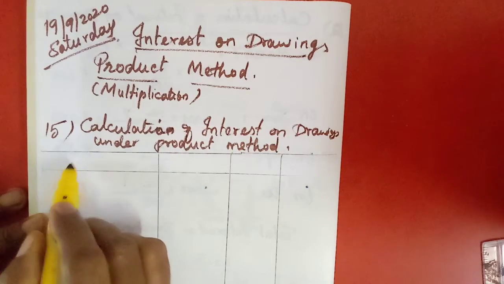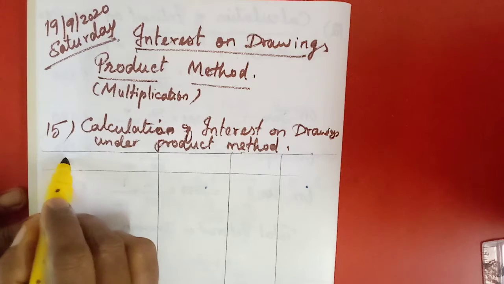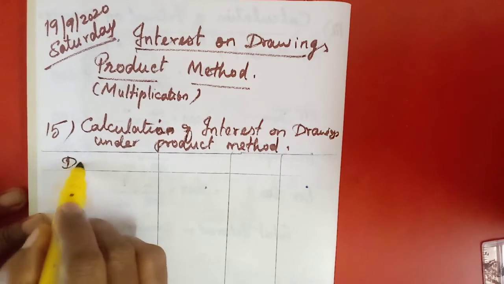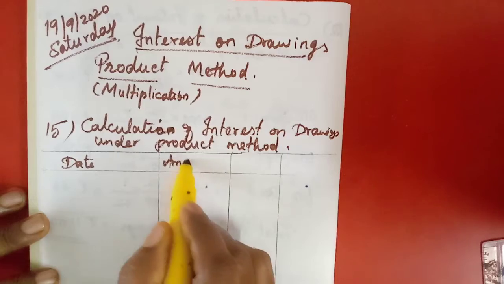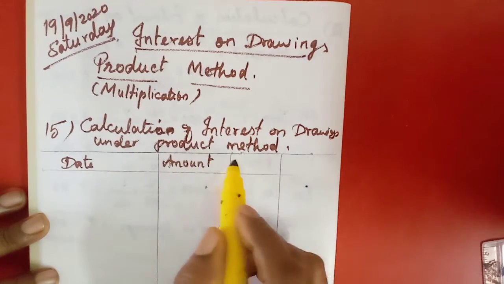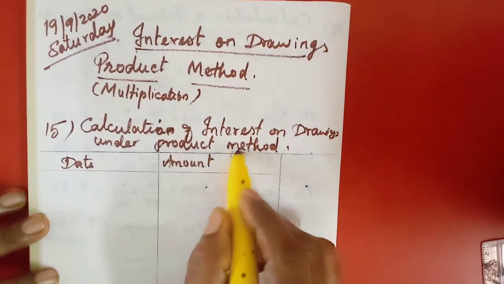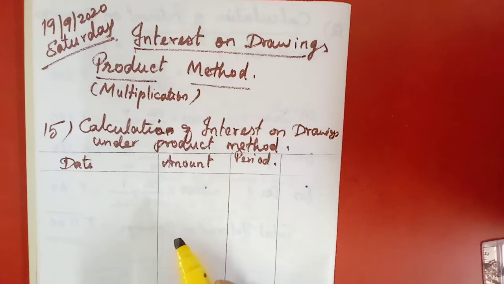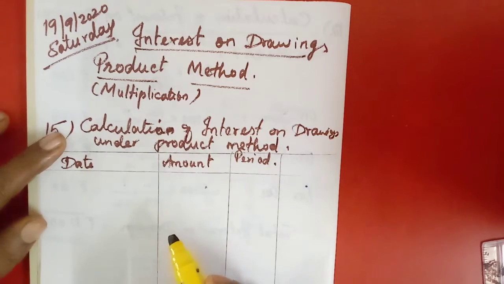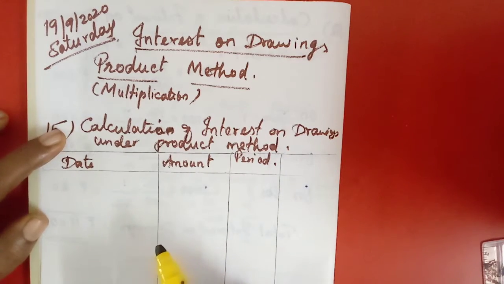First, the date of drawings. Then amount withdrawn. Then the period up to the end of the accounting period. Here the accounting period they have given ended 31st December.